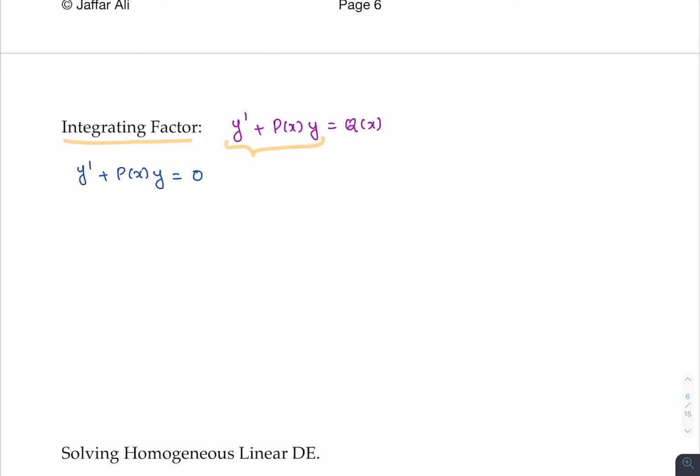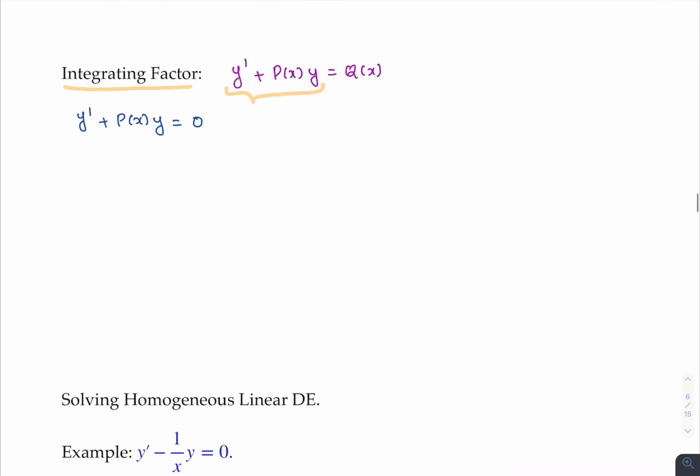Yes, there is, and that is e to the integral of the function p of x dx. I know it's a lot of things in there. In this particular one, we are using the indefinite integral. We can also use a definite integral. Probably we'll talk about it later, but right now let's just go with the indefinite integral, one that does not have upper or lower limits.